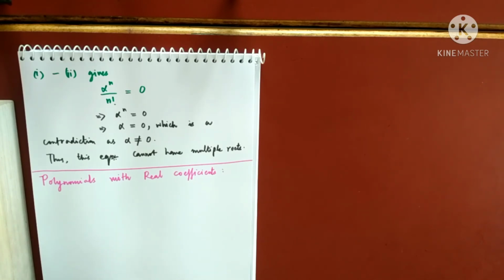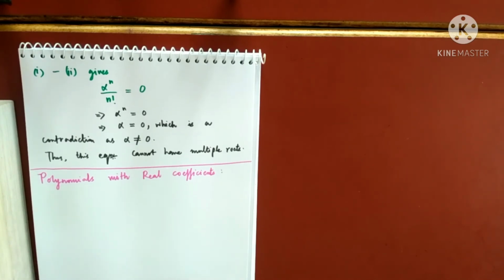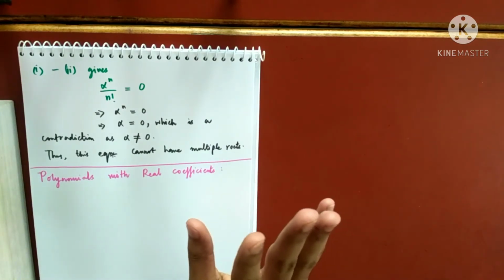Like the theorem on multiple roots that I have done, that f of alpha will be 0, f dash alpha will be 0. That is even true for a polynomial with complex coefficients. But now onwards, whatever theorem I'll be doing will be true only for polynomials with real coefficients.